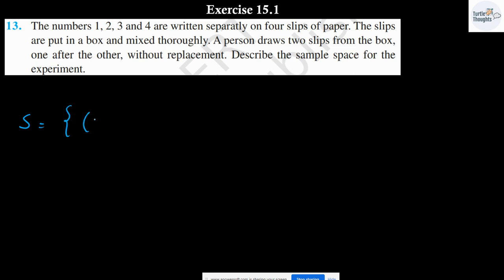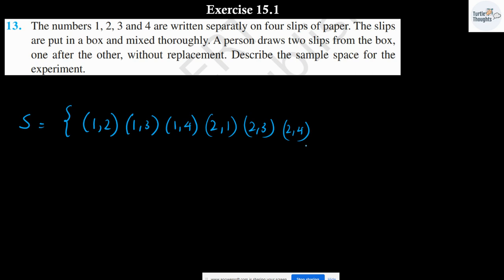So you can get the first number on the first try, and on the second try, you can get 2. Or first try you can get 1 and second try you can get 3. First try 1 and second try 4. Or on the first try you can get 2, second try 1, 2 with 3 and 2 with 4.